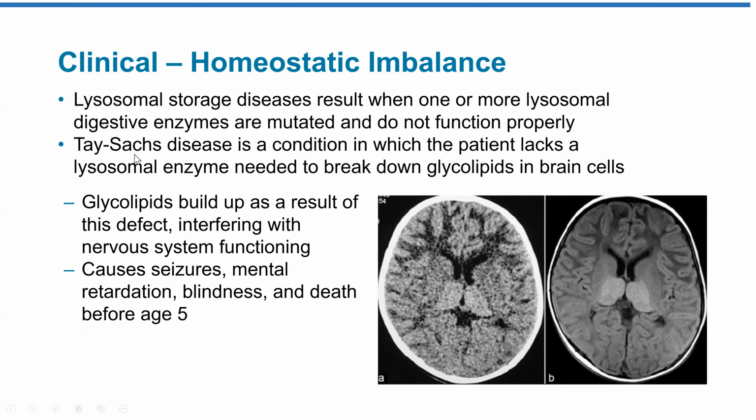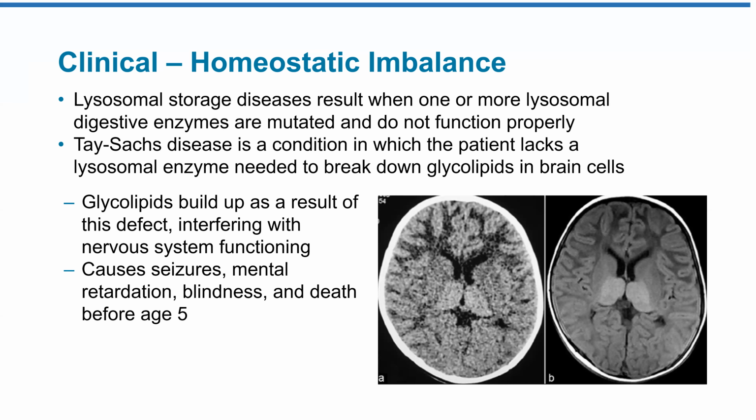An example of such a disease is Tay-Sachs disease. It's a condition in which the patient lacks a lysosomal enzyme needed to break down glycolipids in brain cells. Glycolipids build up as a result of this defect. So we don't have the enzyme to break them down, and we start accumulating these glycolipids.